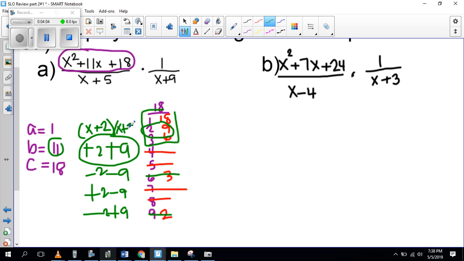So what's going to happen is this right here goes away. It won't let me erase it, but I'm going to mark it out. And I'm going to put x plus 2 in parentheses, and x plus 9.